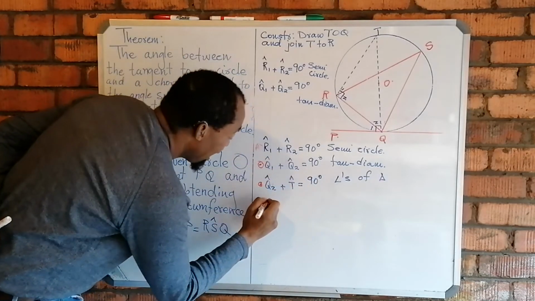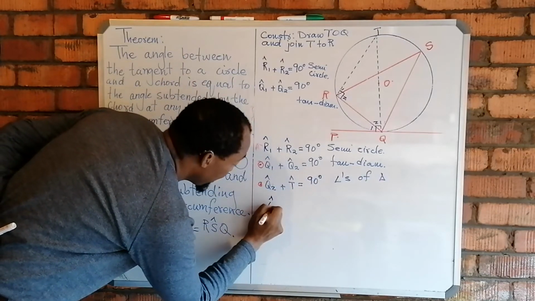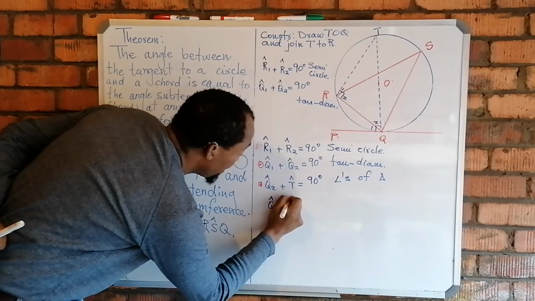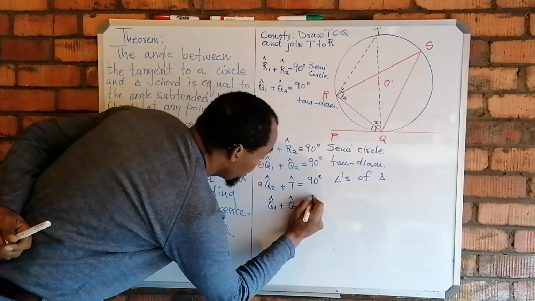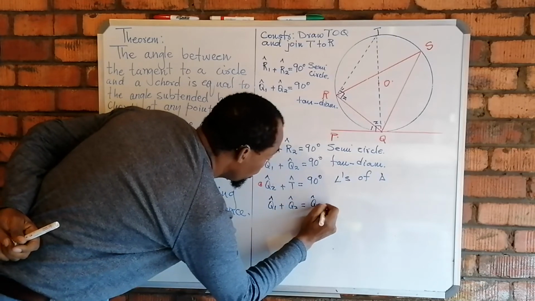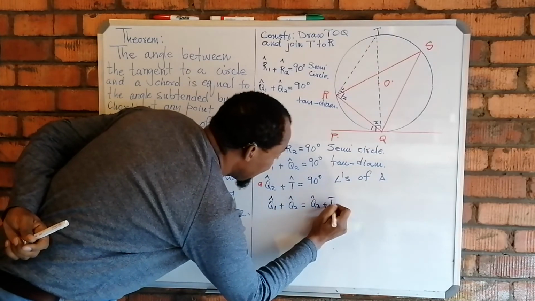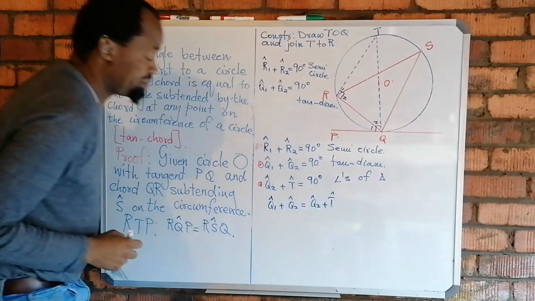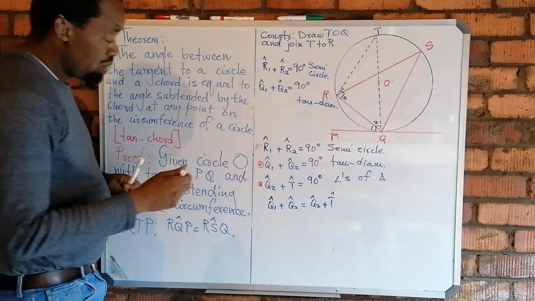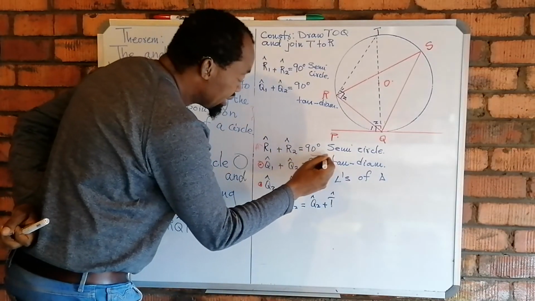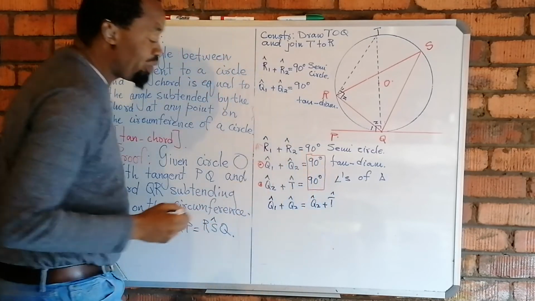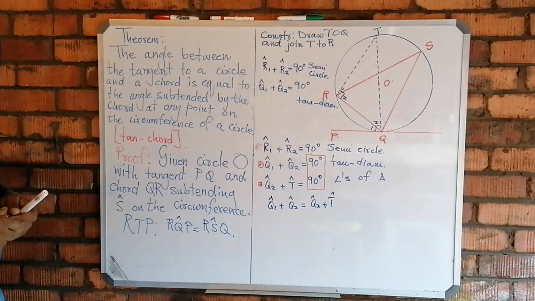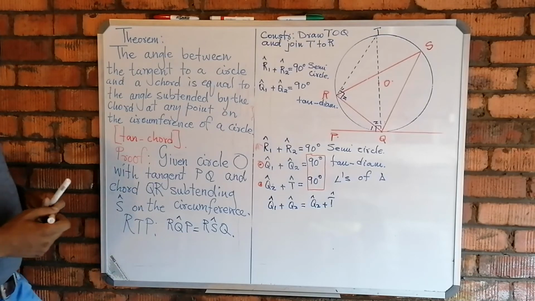That means I can say, therefore, angle Q1 plus angle Q2 is equal to angle Q2 plus angle T. Why is that the case? Can you see that both of them are adding up to 90 degrees?